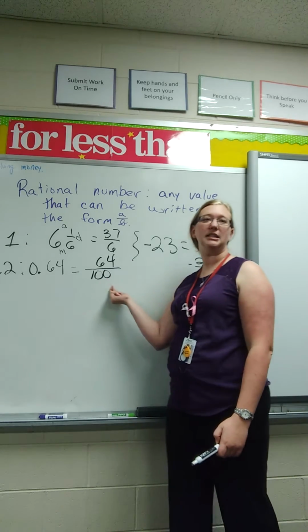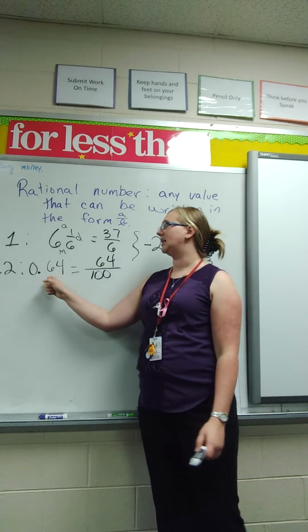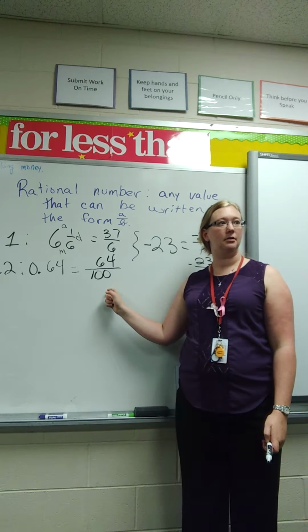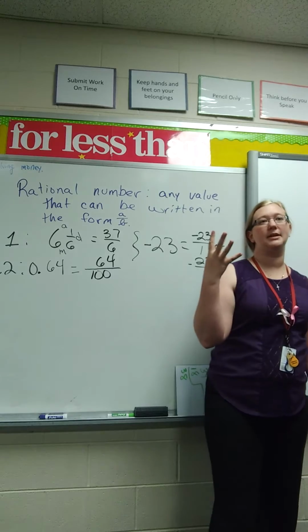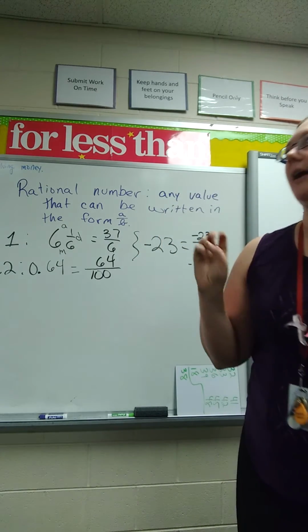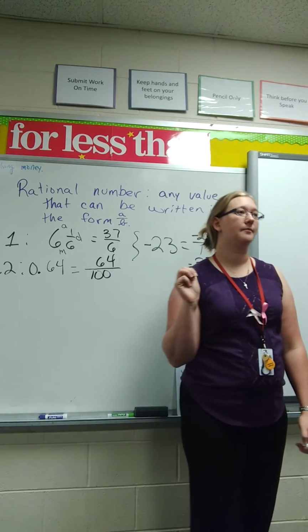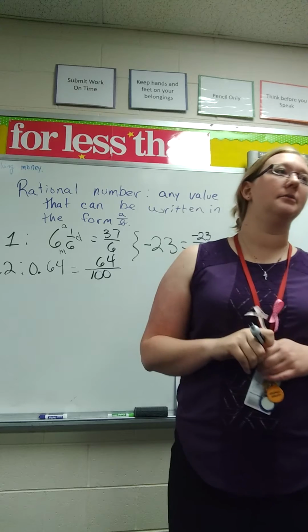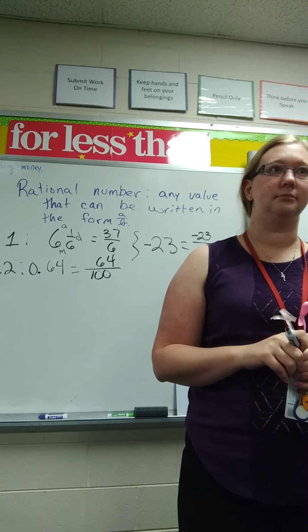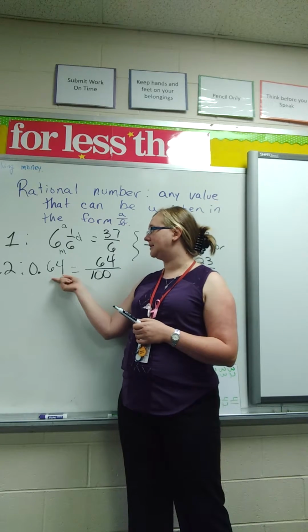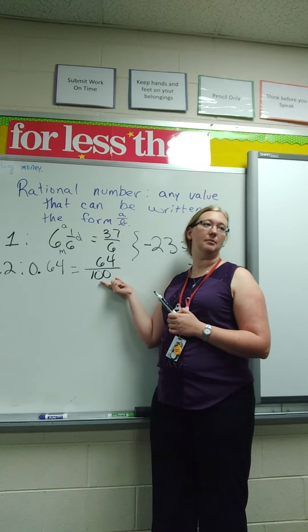That means we need to add zeros here. The number of decimal places tells me how many zeros I need. So if I had 4 decimal places, how many zeros do I need in my denominator? 4. If I had 3, how many zeros do I need? 3. If I had 6, how many zeros do I need? 6. So we're going to look at our number of decimal places, and that will tell us how many zeros we need behind that 1.